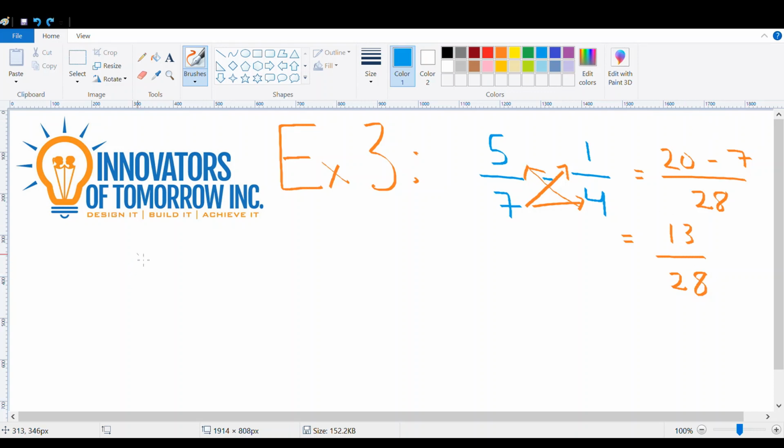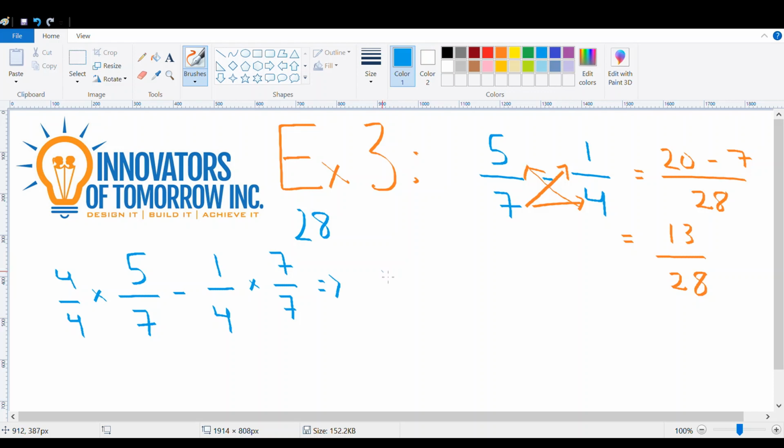Let's double check. 5 over 7 minus 1 over 4. We need to find a common denominator. That means finding a common multiple. Easiest way, multiply the denominators together. 7 times 4 is 28, so that's the common denominator we're trying to find. For 5 over 7, our version of 1 will be 4 over 4. For 1 over 4, our version of 1 will be 7 over 7.